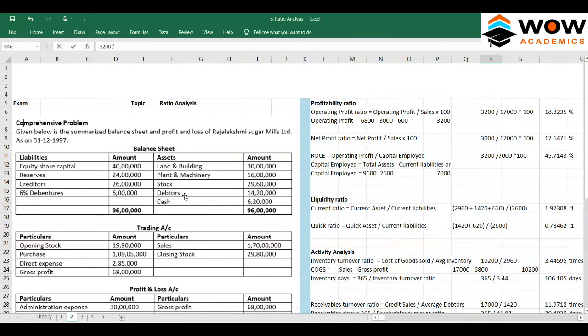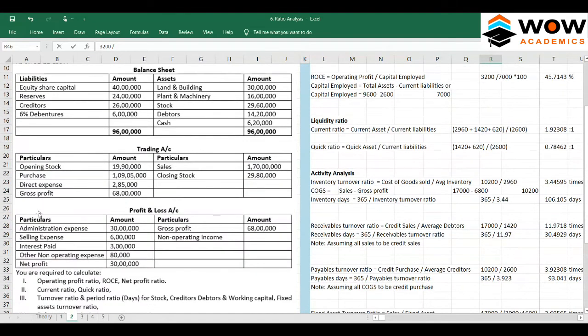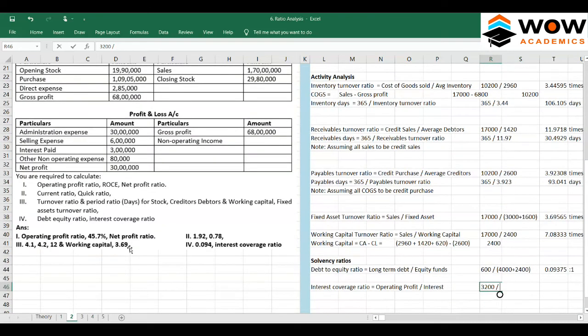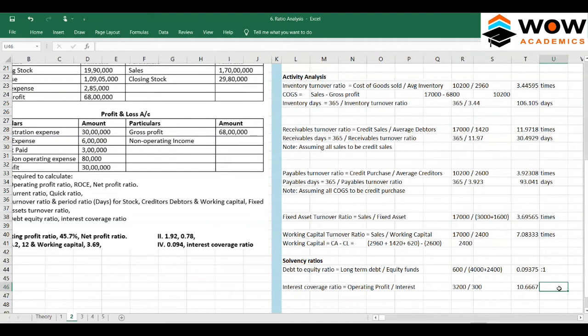So interest we have to search. So we have the interest here. So we got the answer for all these.